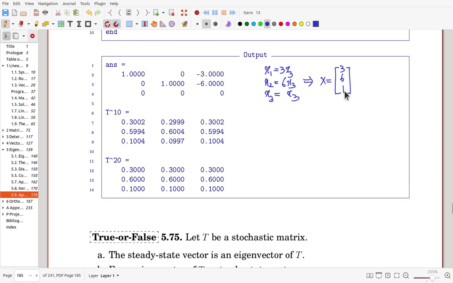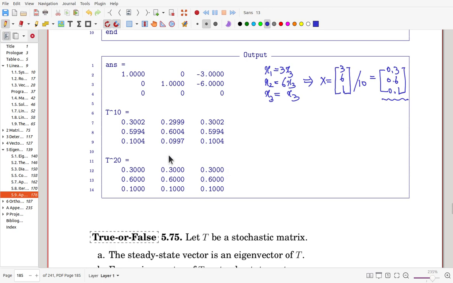The summation is 10, so we can choose x3 to be 1 over 10, dividing by 10. So eventually we can write here 0.3, 0.6, and 0.1. So that is the steady state vector.